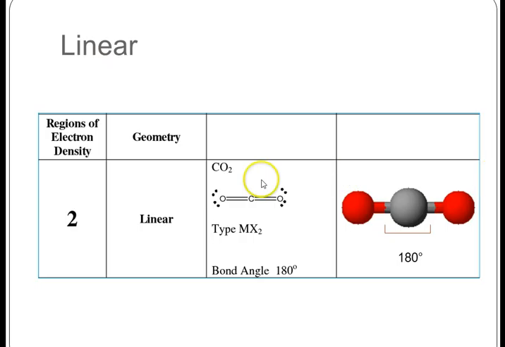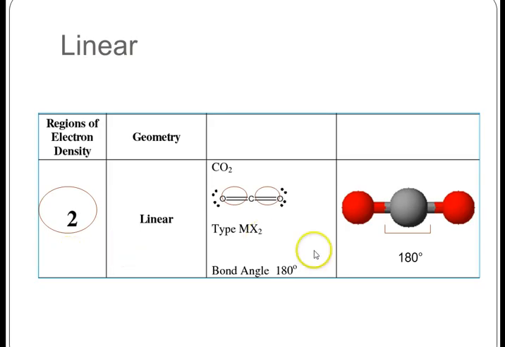Okay, I know that we have some unbonded lone pair electrons here, but these do not matter when we talk about the molecular geometry. It is strictly what is around that central element. So in this case, we have 2 electron regions. We have a double bond here and a double bond here. That's 2 electron regions which only consist of bonded pairs.